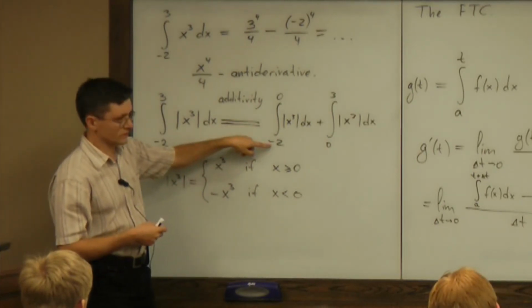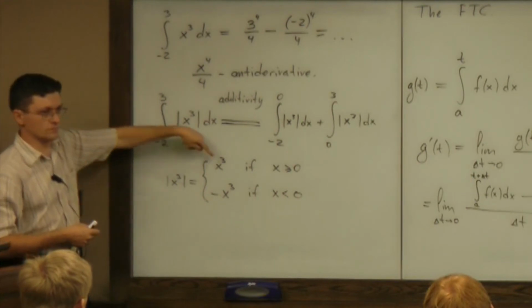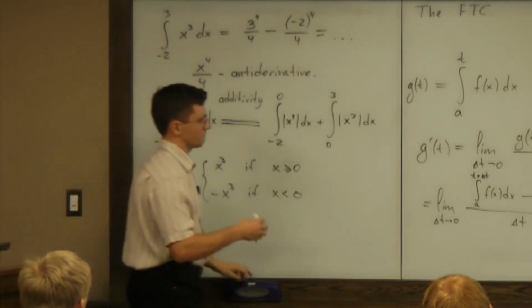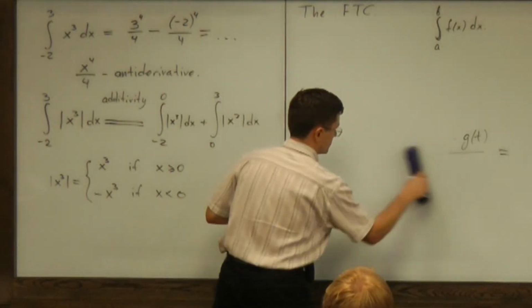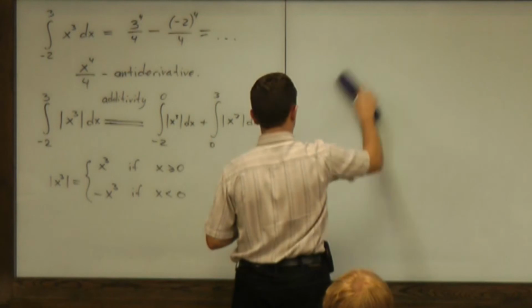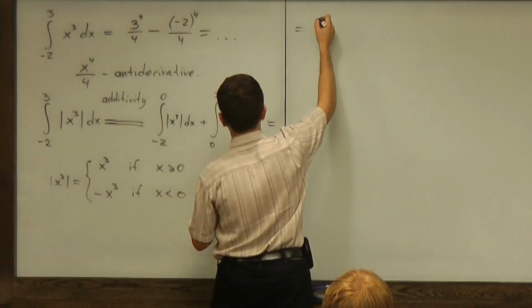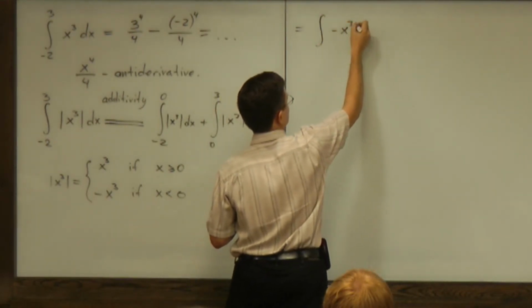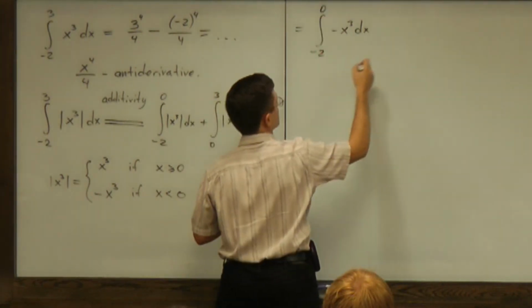Now I say that over the interval from -2 to 0, my function has a much better expression. It is minus x cubed. So I simply continue this computation saying the first integral is the integral of minus x cubed from -2 to 0.